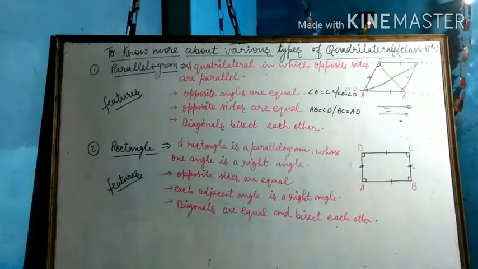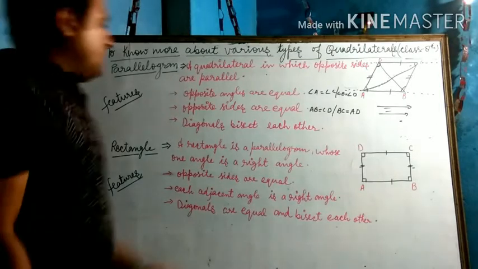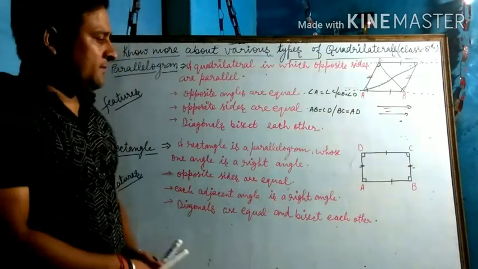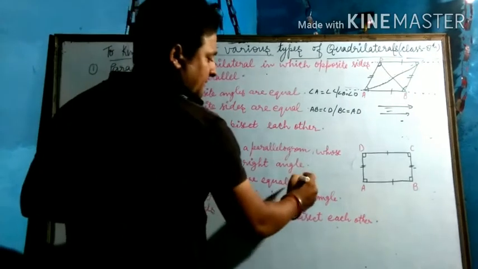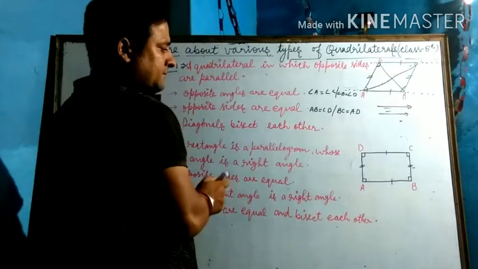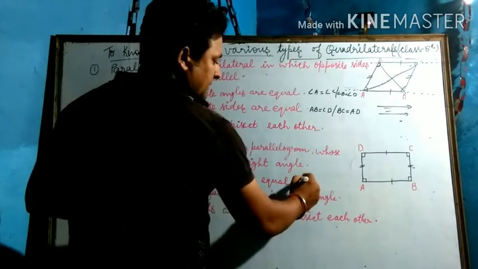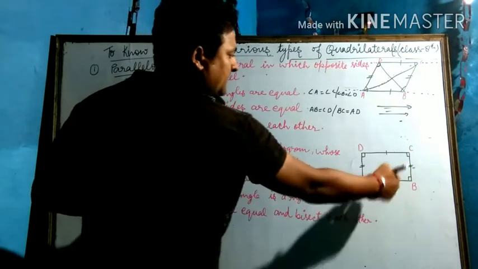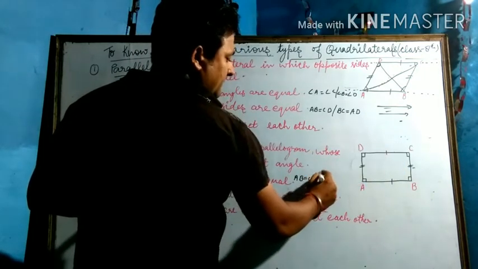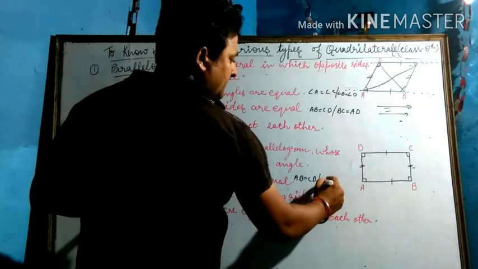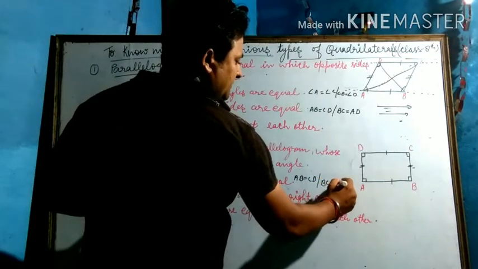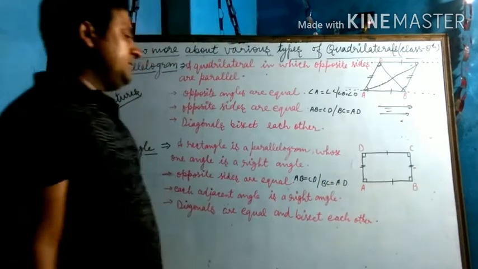Opposite sides are equal. There also you can write AB equals CD and BC equals AD.